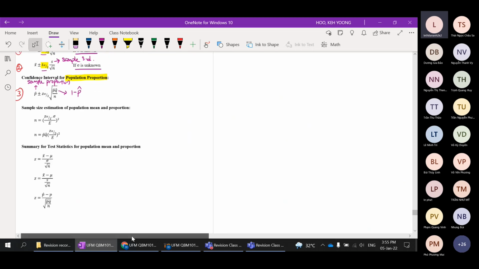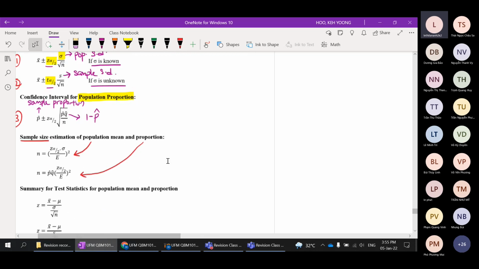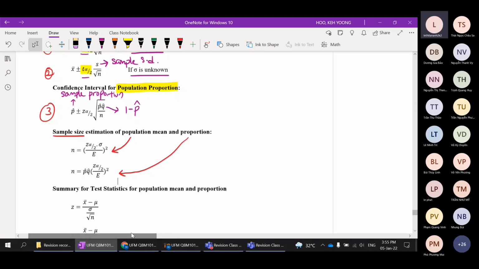Below the confidence interval, you see two formulas to calculate the sample size. The first formula is for the population mean. The second formula is for proportions. So let's look at these two formulas.